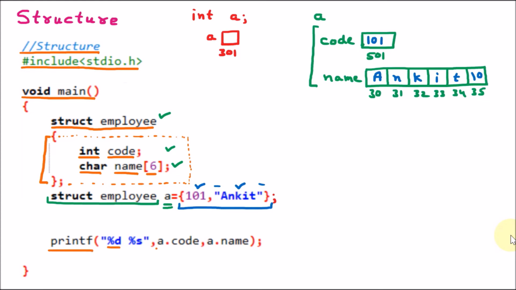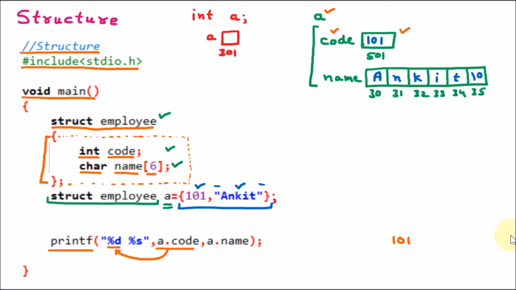Here A dot code: A is the variable and it contains the first element, which is code. So A dot code means 101, and 101 will go into the %d. So the output will be 101.